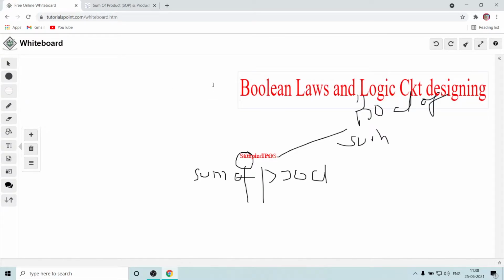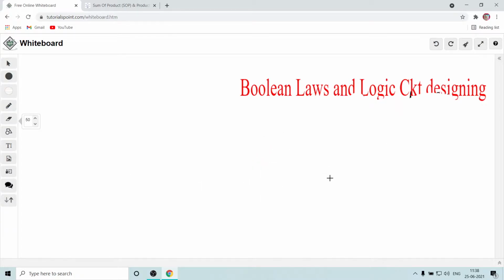That is, what is a logic circuit assignment. I hope it is clear to all of you how we differentiate between SOP and POS.